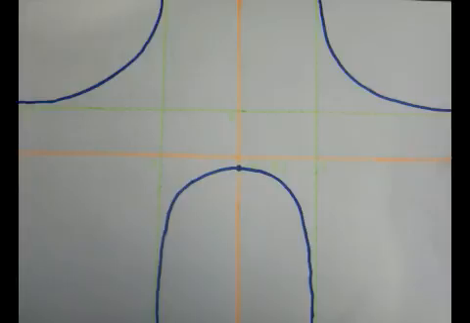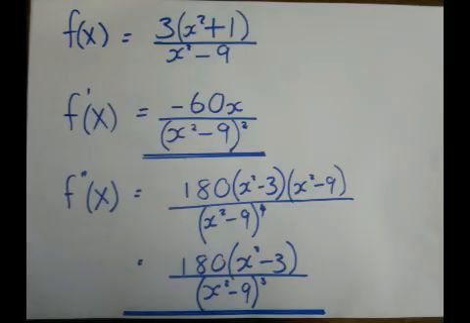Now to find out the concavity of the graph, we have to look at the second derivative. When the second derivative is less than 0, we know that our graph is concave down. And when the second derivative is greater than 0, our graph is concave up.